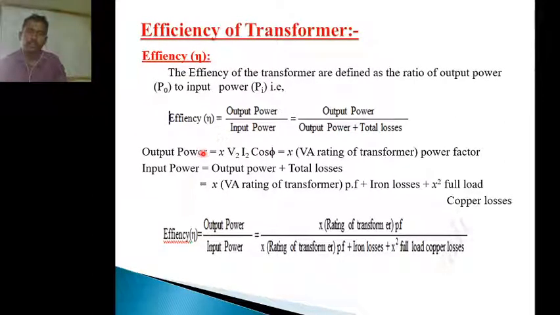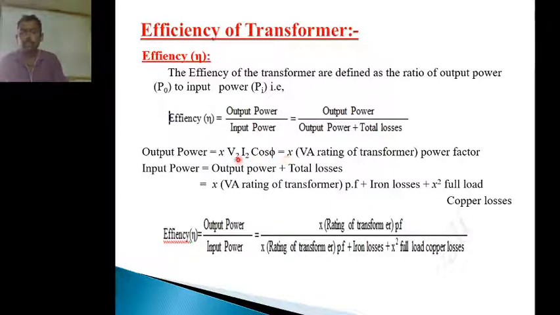So what is the output power? On the output side we have V2 into I2 into cos phi normally, but that I2 depends on the load, so we can write x into V2 into I2 into cos phi.